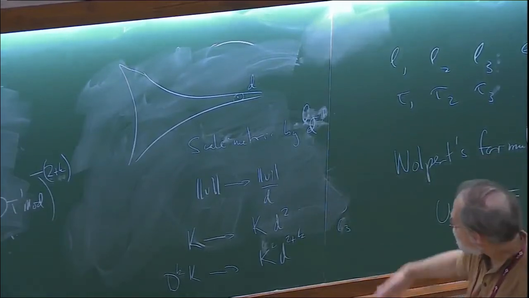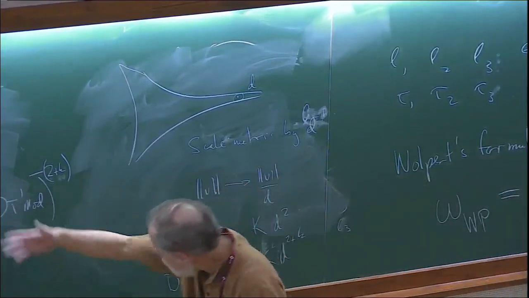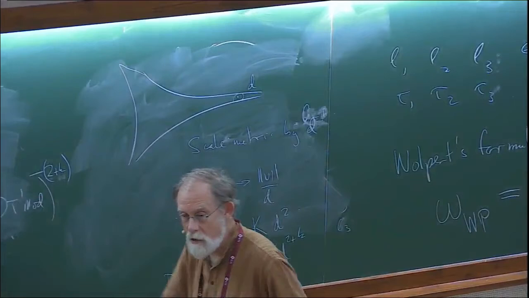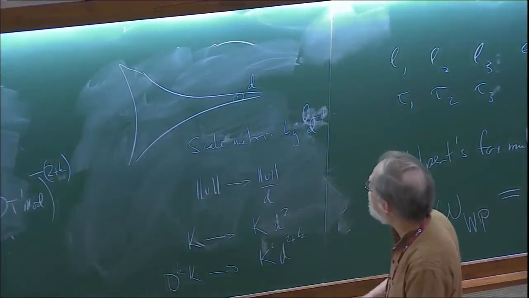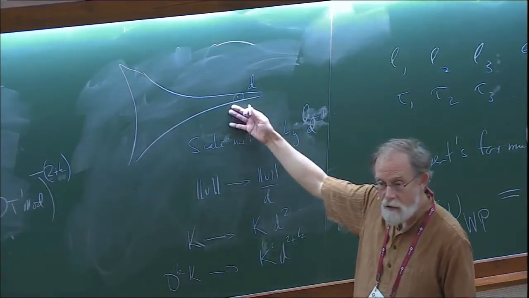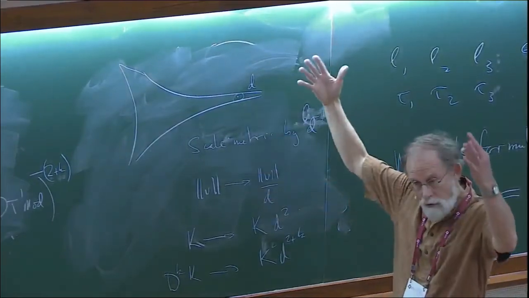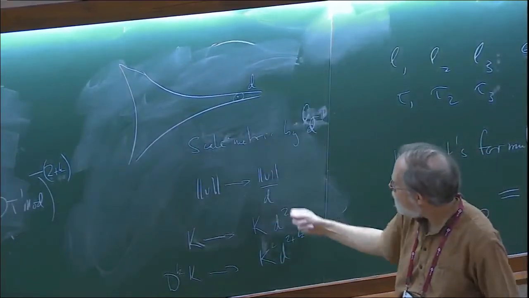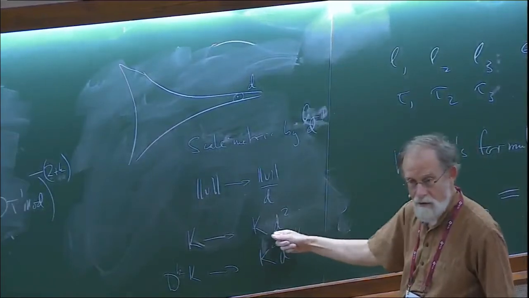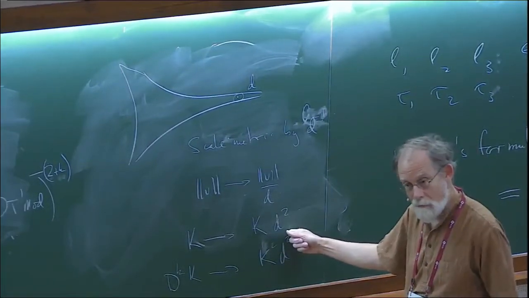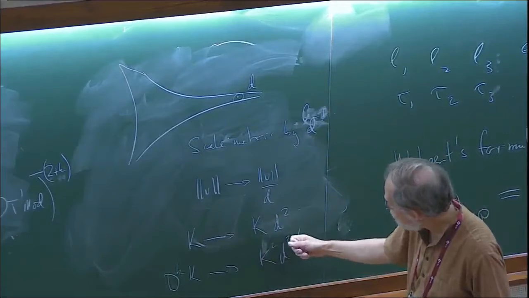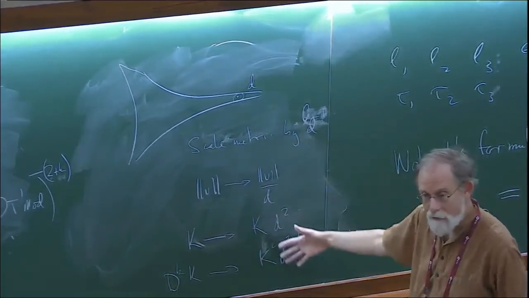And so if you do this and you know Wolpert's estimates, what you find is that after this local rescaling, your curvature that was blowing up towards minus infinity is now staying negative and bounded, and your derivative of the curvature is going to stay bounded.